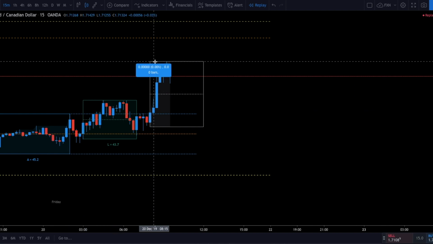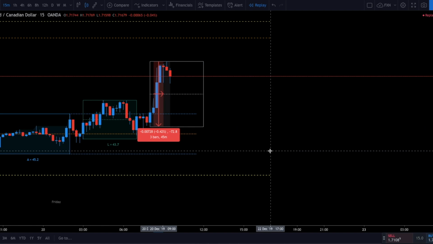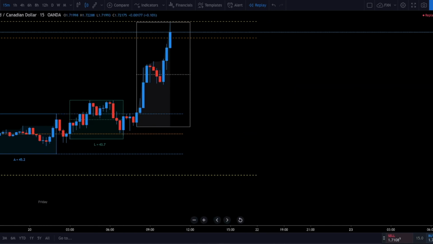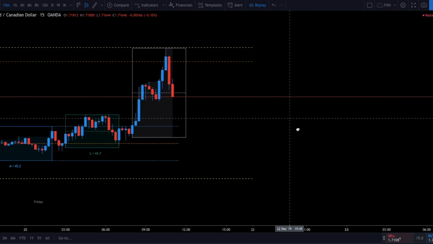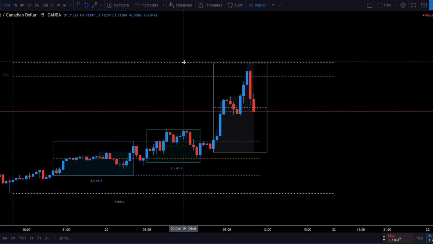So this range here is about 72 pips. That's the US box there. But you can see essentially what happens. Look, and then look where we go up to. This orange line here is a previous week low. This yellow line here is yesterday's high, right?